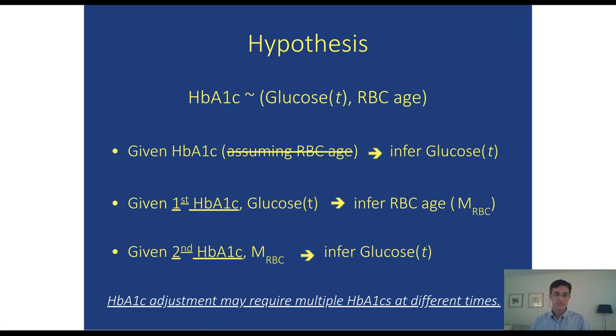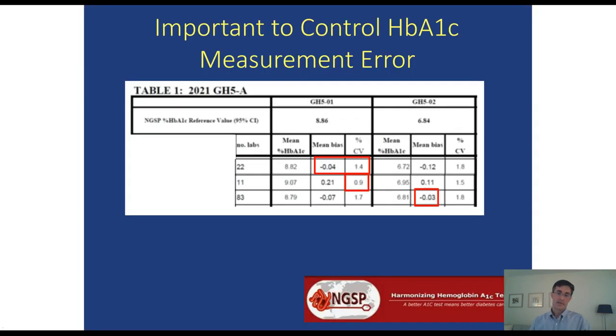And it's exciting, as you may have seen in the first presentations from this series, that the accuracy of A1c assays has improved significantly over the last years. This table here is a recent survey published by the NGSP, and it's exciting to see that there are some A1c assays with coefficients of variation that are actually below 1%, which is terrific.